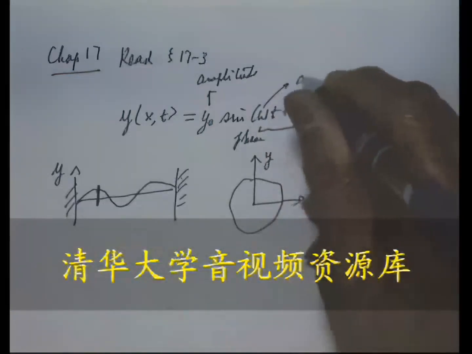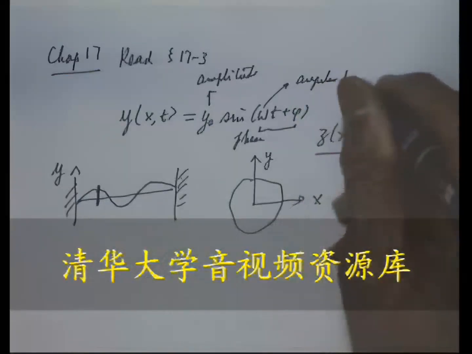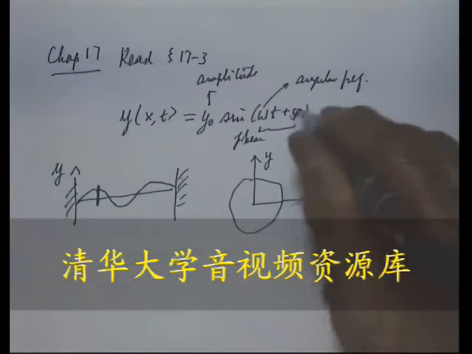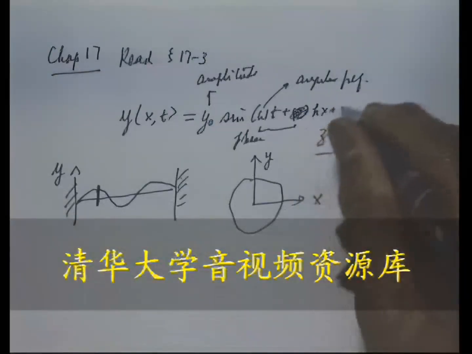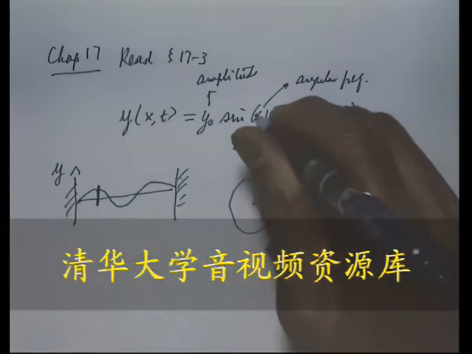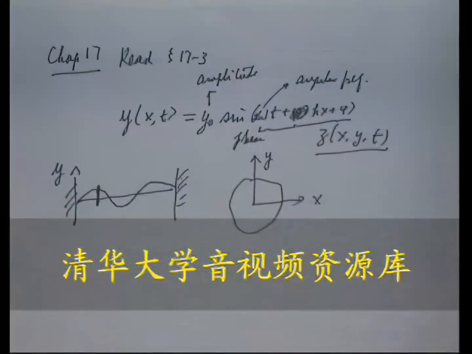Omega is called angular frequency, sometimes called angular velocity. Plus minus omega t. For a fixed t, it's a sinusoidal wave.